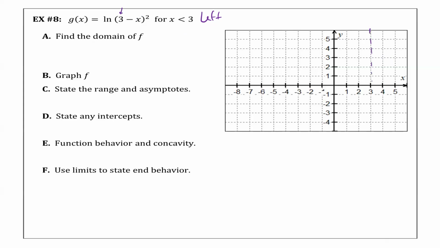So we're going to rewrite this in a different format. Written correctly, mathematically, this would be natural log of negative x plus 3, all squared. And that's why your asymptote is at positive 3. Okay?